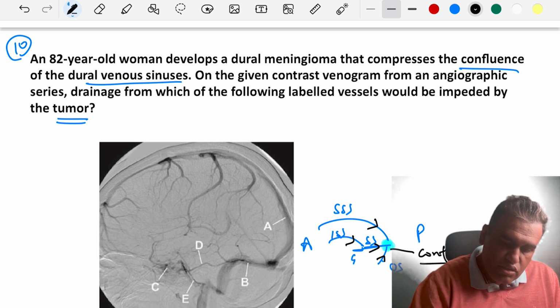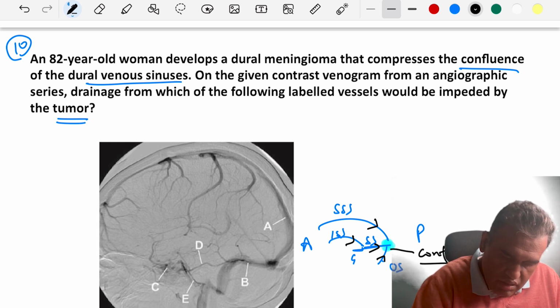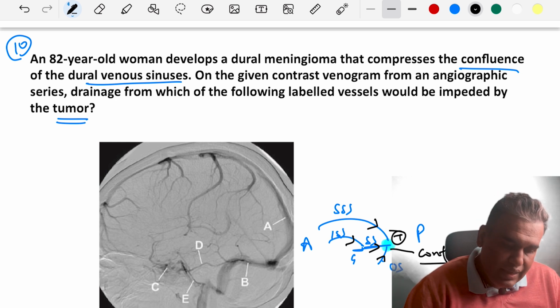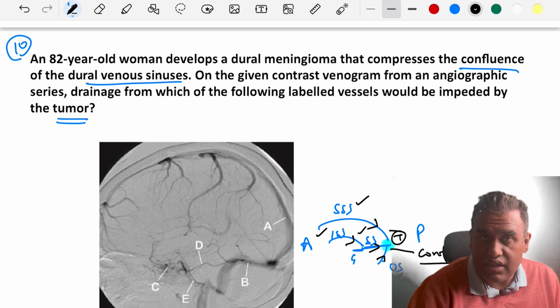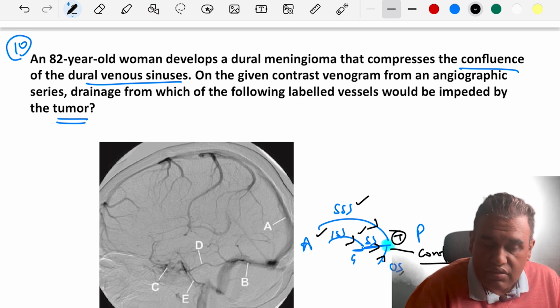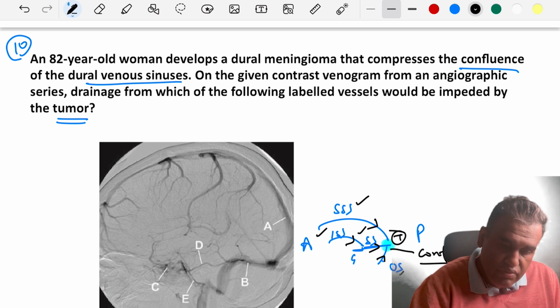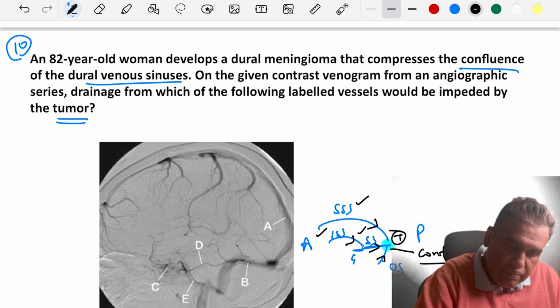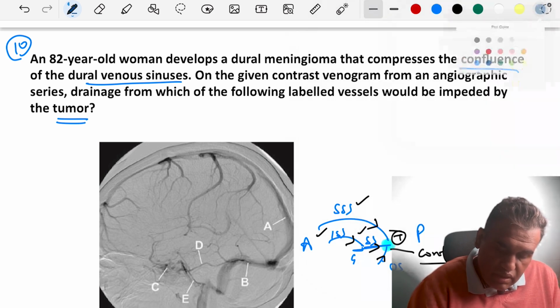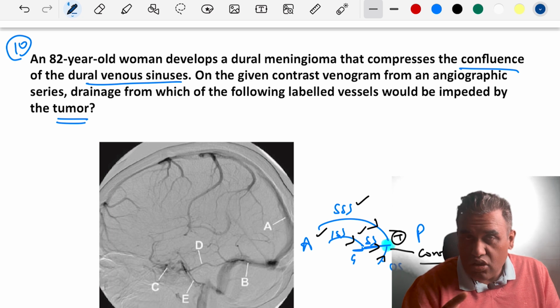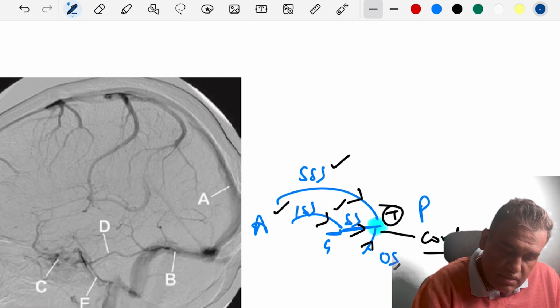They are asking that there's a tumor which has developed over here. That will impede drainage of the superior sagittal sinus, inferior sagittal sinus, straight sinus, and occipital sinus. Can we see any of these in the figure? We'll see. Before that, let us understand that in the normal case, from the confluence of sinuses, the transverse sinuses run on the side.